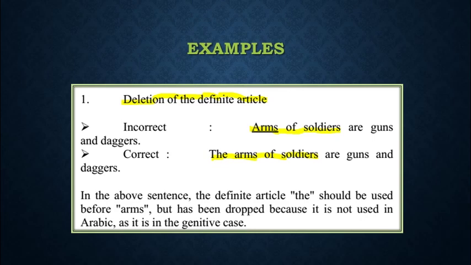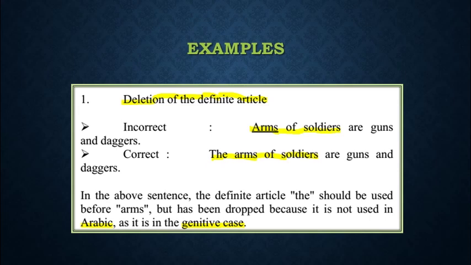The cause of the error is that in الإضافة, which is the genitive case in Arabic, we don't use أداة التعريف, we don't use definiteness, because by nature the حالة الإضافة, the genitive case, is by nature معرفة.